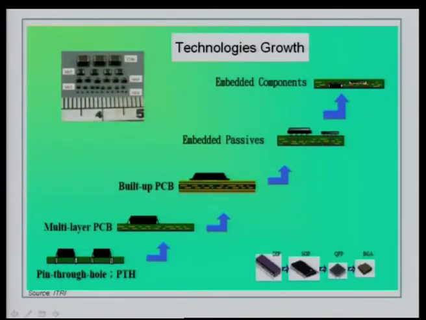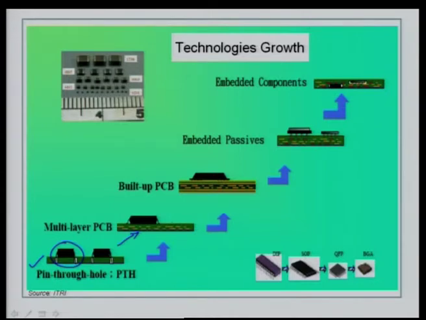Just to recap the technology growth before we actually get into the embedded passives discussion, all of you know about the pin through hole or plated through hole. You can see the large size of the components, through hole components and active devices, a multi-layer PCB, much depends on the number of layers that you build.